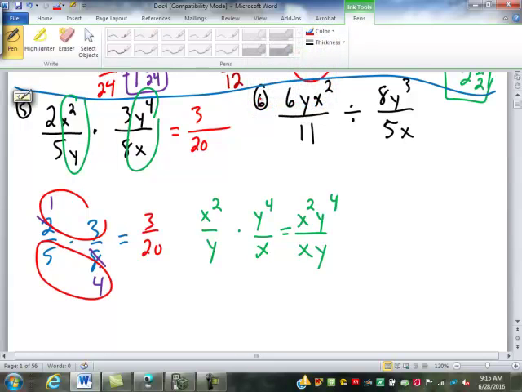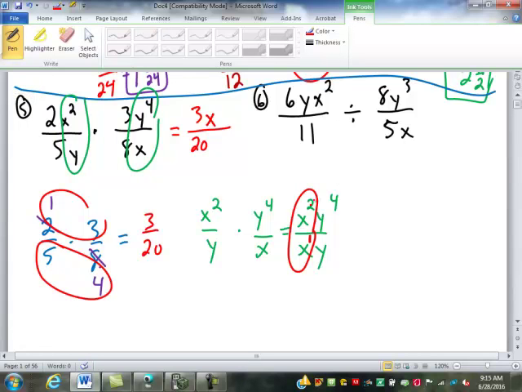And the process now is just like reducing a fraction. So for the x, our first thing we need to decide is, is it going to be on top or bottom? How do we know it's going to be on top? Larger power. This is x to the 2nd, this is x to the 1st. Larger power is on top, x is on top. What power is it going to be?